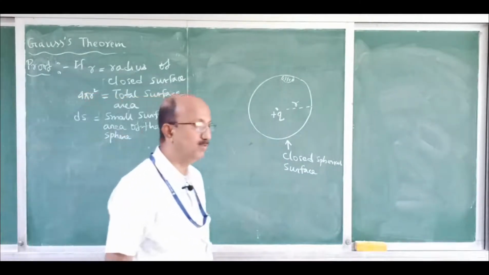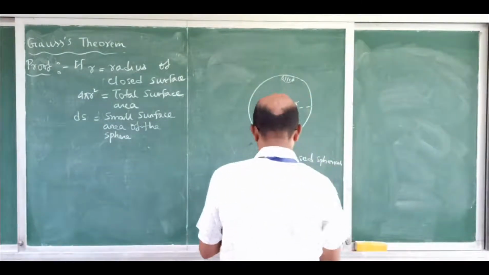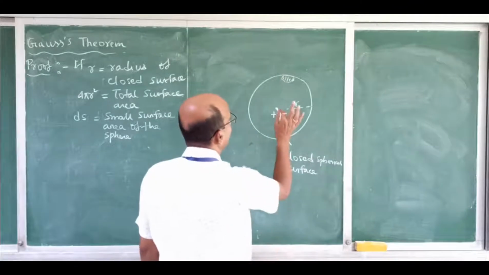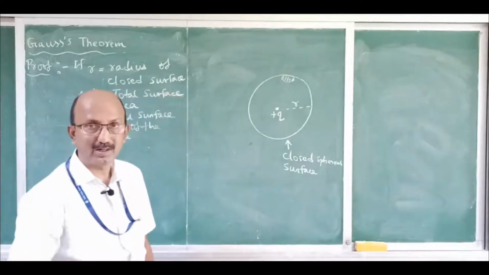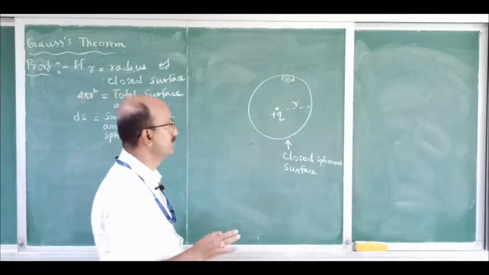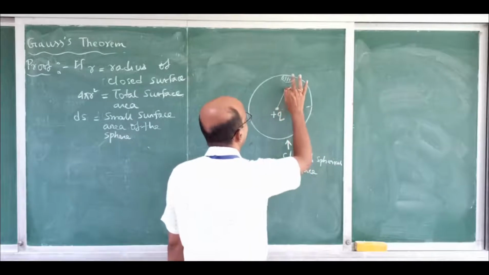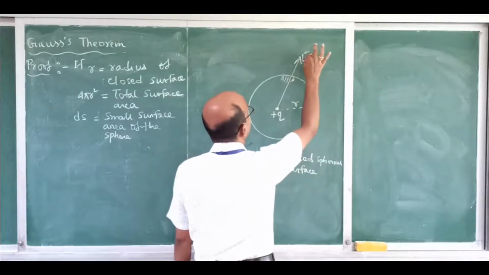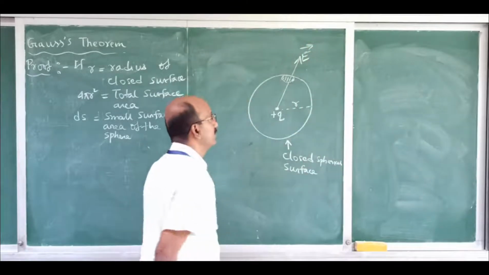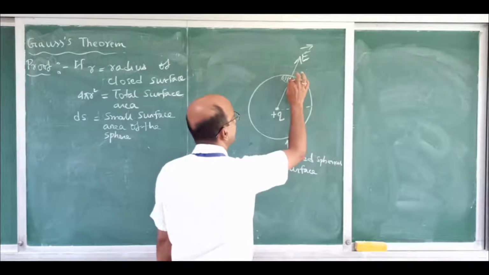Then you mark the electric field. Now you know that electric lines of force are away from positive charge. So electric field lines will originate from the positive charge and will be directed away. So this is the direction of electric field E. So electric field is going to pass through this ds in this direction.